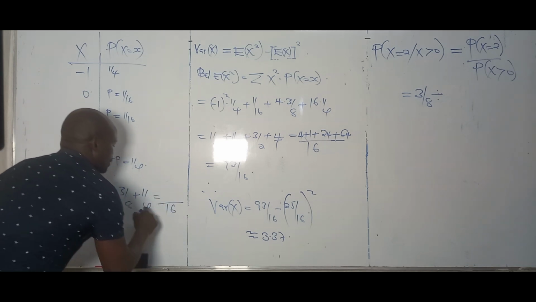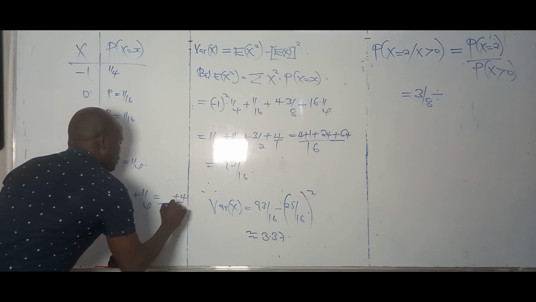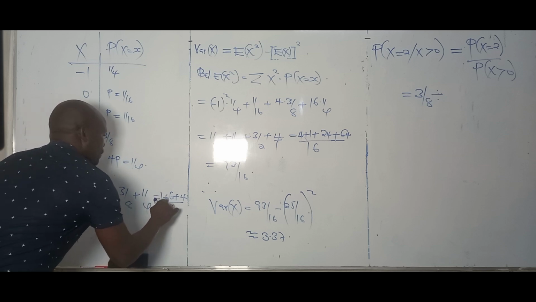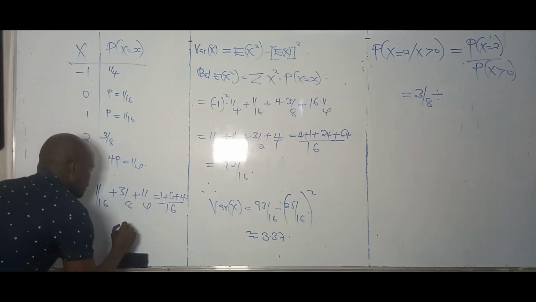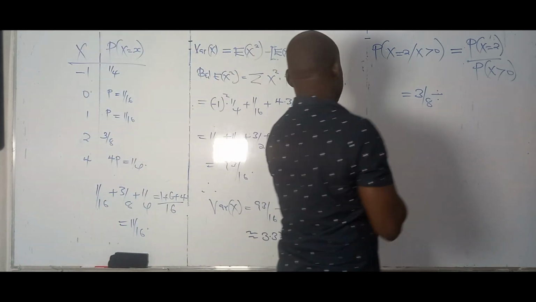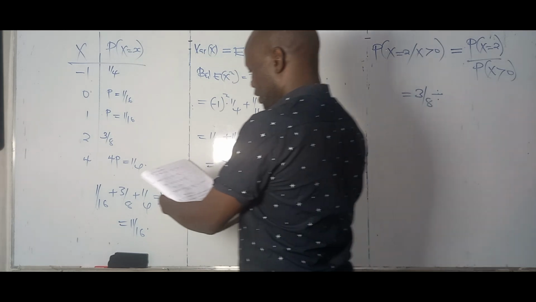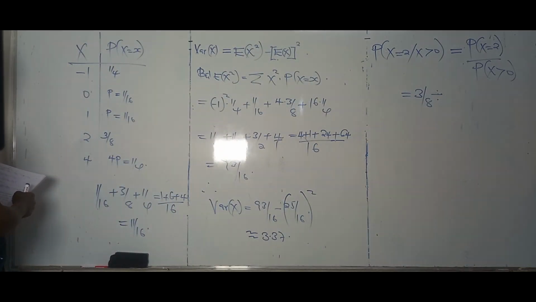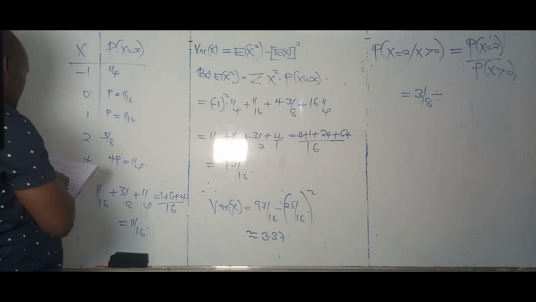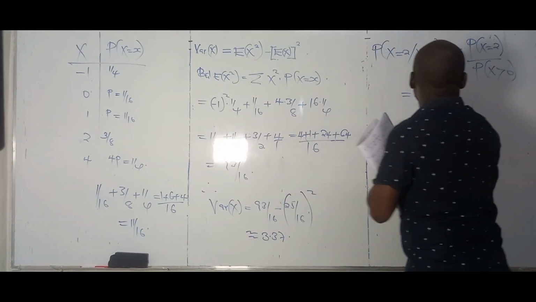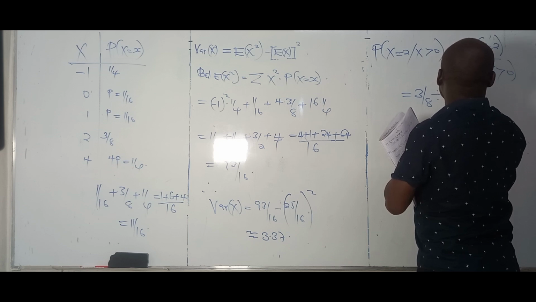The LCM is 16, so that's 1 plus 6 plus 4, which is 11 over 16. So the probability that x is greater than 0 is 11 over 16.